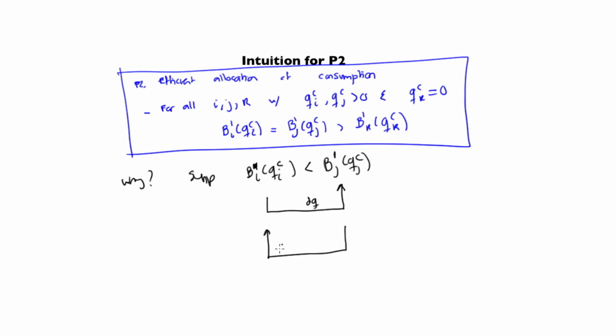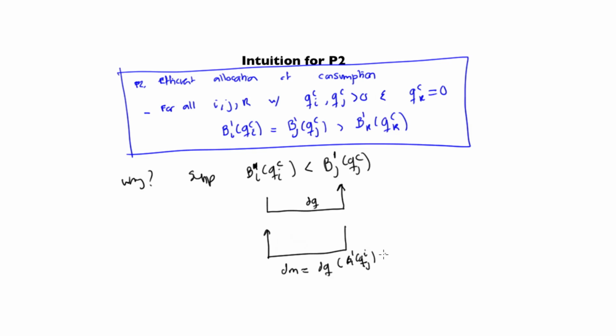And then we also change the M in the other direction by an amount given by dq times the marginal benefit of the low person.